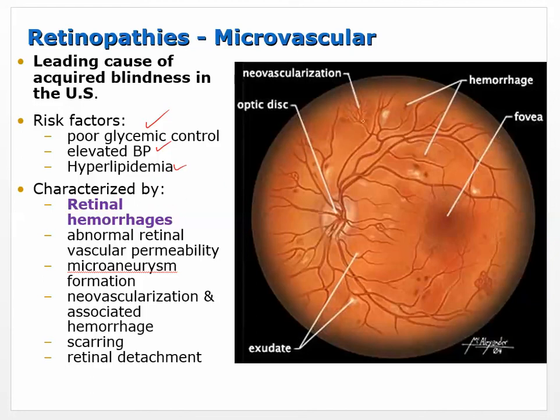Again, these come back to the small blood vessels. Microaneurysm formation, neovascularization, and associated hemorrhage. So you're destroying blood vessels and then trying to rebuild new ones, which are not going to be as effective, and they're going to affect your vision. Retinal detachment may happen, but it all really comes down to this microvascular damage.